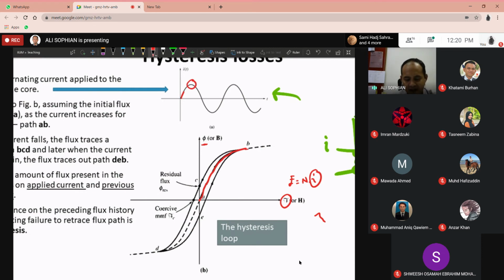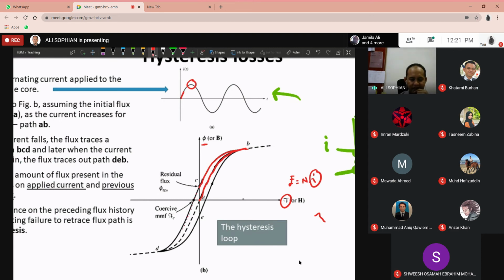Then the current will start decreasing. But when it's decreasing, if we keep measuring the flux, it will follow a different path. It's not going to be exactly the same path. So we'll follow this path, and so on as it's decreasing.